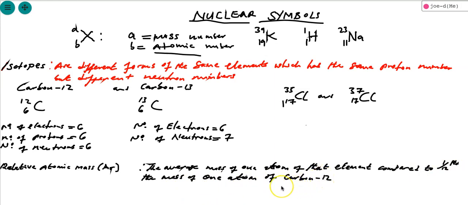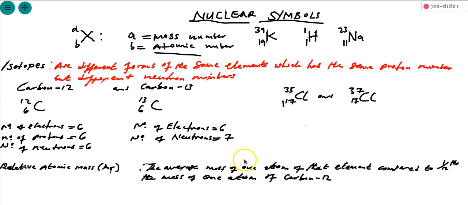Now, there is a particular formula that we use to work out the relative atomic mass of an atom. Because atoms do exist as isotopes, remember we just mentioned isotopes as different forms of the same element, for example carbon-12 and carbon-13, it means that if we want to look at their atomic masses, we have to use the average masses of the individual isotopes.